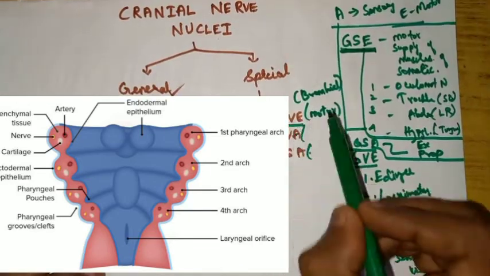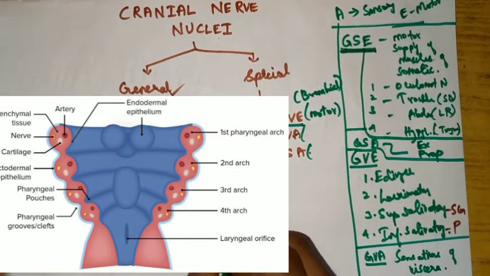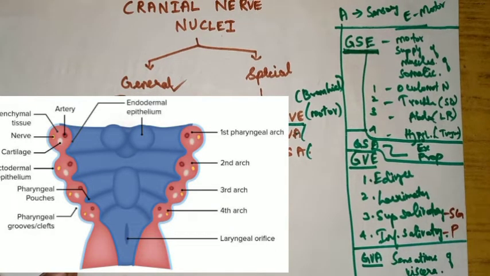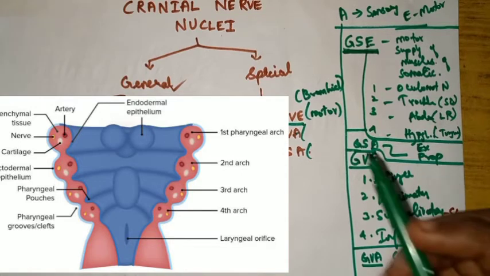We need to remember the muscles in the general somatic efferent first, so that we can exclude what all comes later. You just need to take your embryology book and sort out your muscles which come from those pharyngeal arches, and then you can easily remember that special visceral efferent is the component that supplies these muscles.